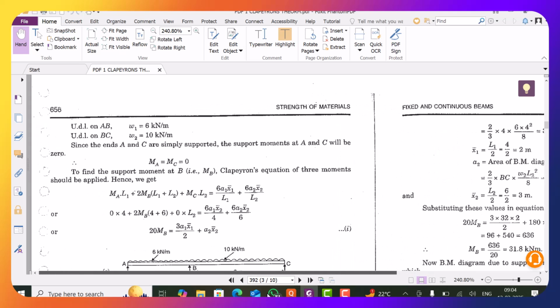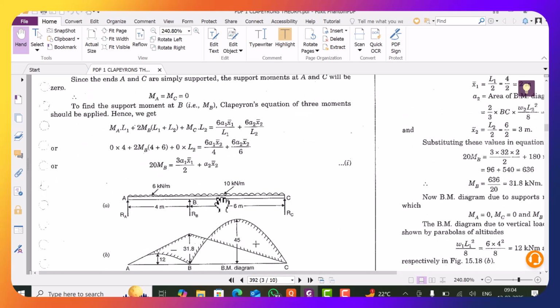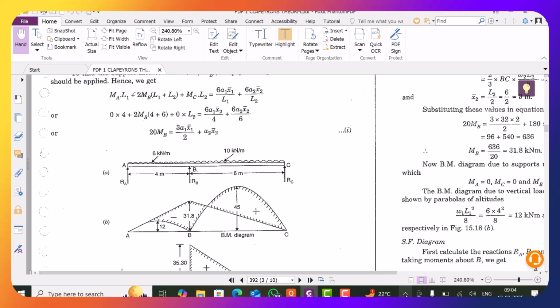Now you have to calculate x1 bar or x1. So what is x1? x1 is the distance of the centroid from A. You can abbreviate it as either x1 or x1 bar.